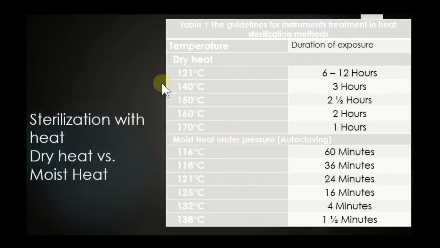Here we have a table that compares the different sterilization temperatures and the duration of exposure for the instrument to achieve sterilization.